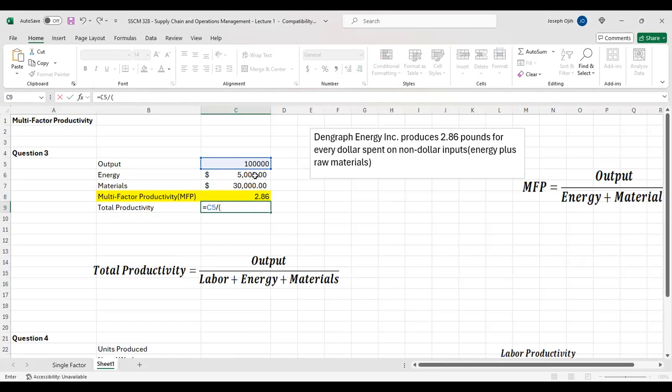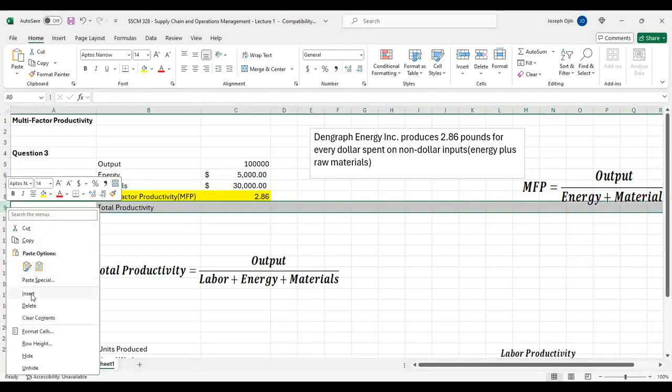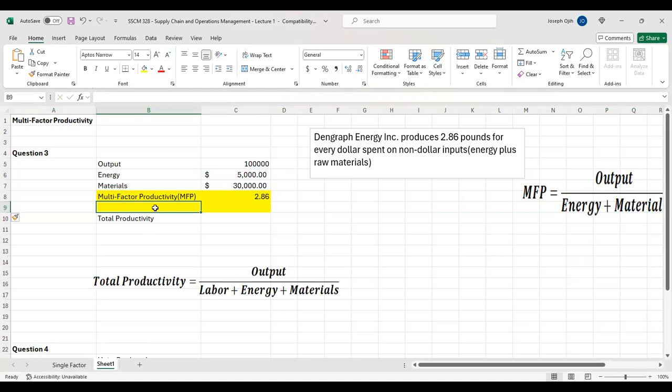There's something missing here, which is the materials.